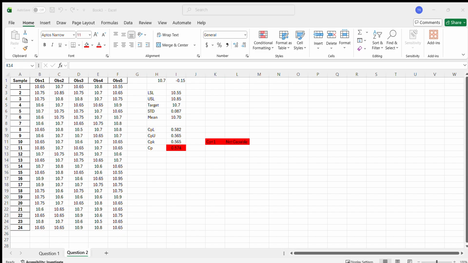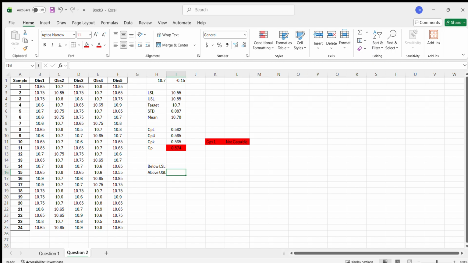Going forward from here, we need to determine the second portion, which is to provide the non-conforming percentage of defective parts. So what we're going to do here is type in below LSL, and then above upper specification limit.